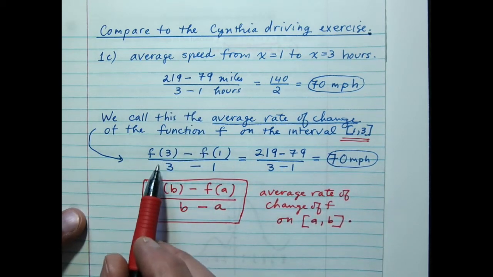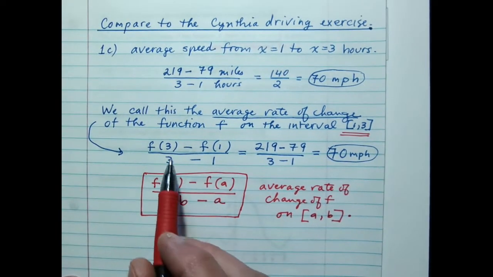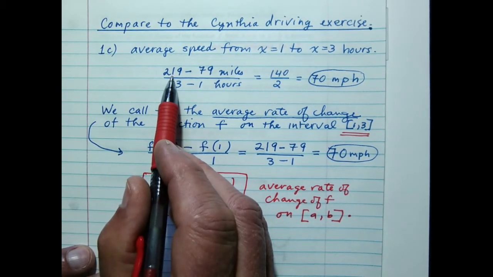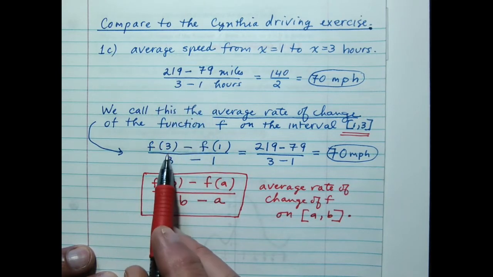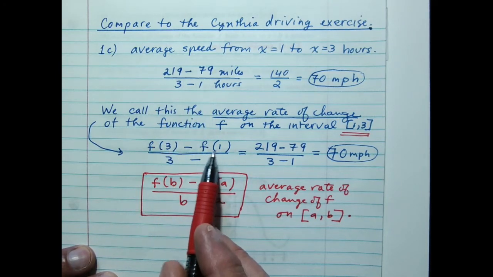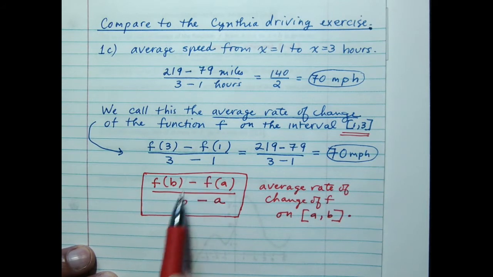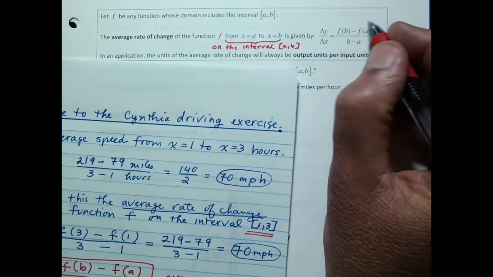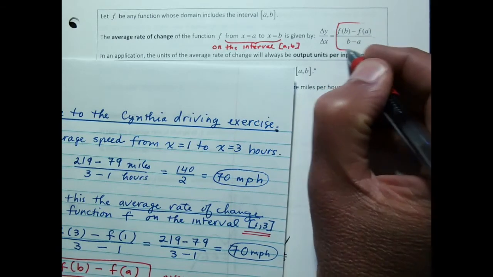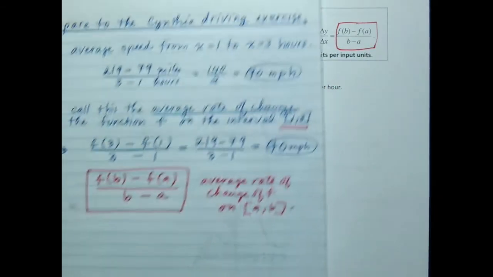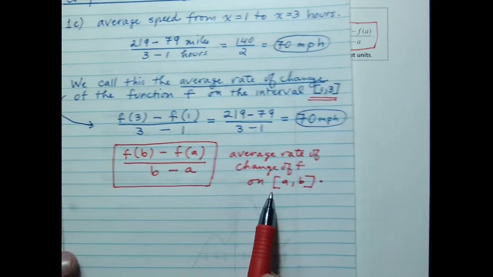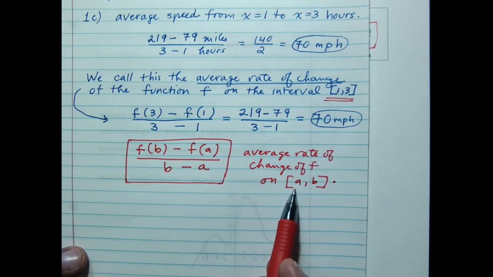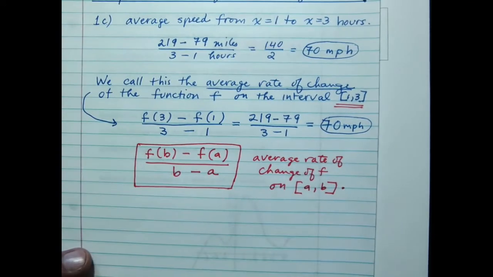And if we use our new formula here for it, where this difference, 219 minus 79, is f of 3 minus f of 1 over 3 minus 1. That corresponds exactly to this f of b minus f of a over b minus a formula that we're seeing on the handout right here for the average rate of change of any function on the interval from a to b.